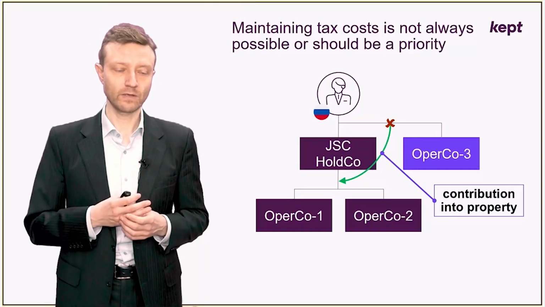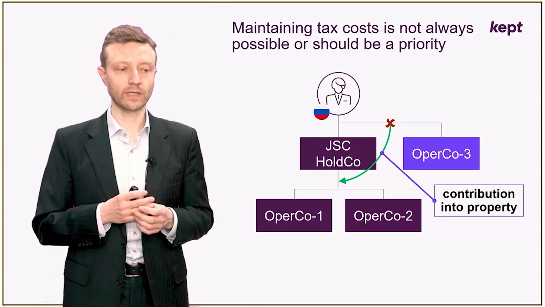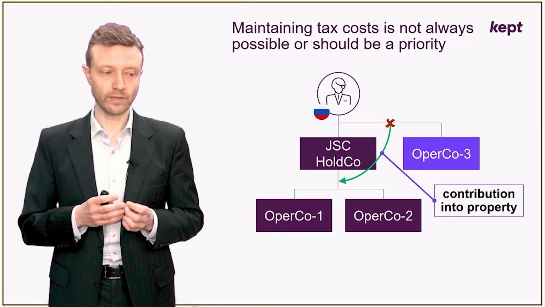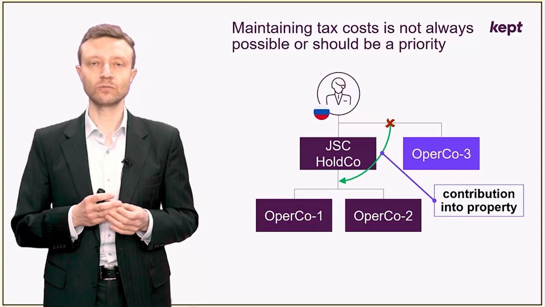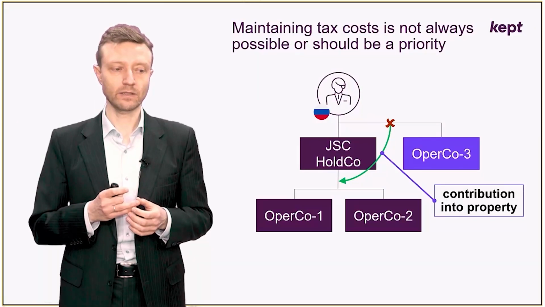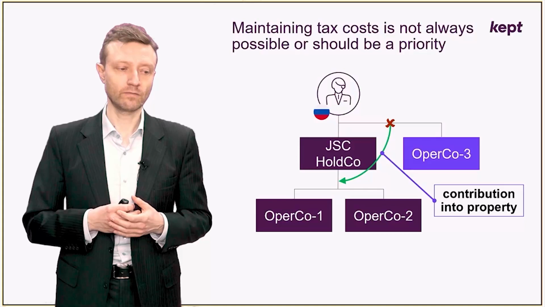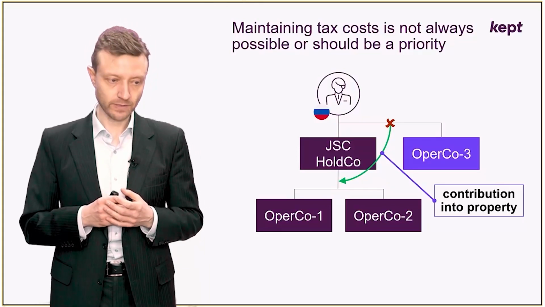If instead of a sale we decide to contribute the operating company to the holding company, it's important to remember about so-called material gains and rules that tax issuance of shares in exchange for assets for individual income tax purposes.